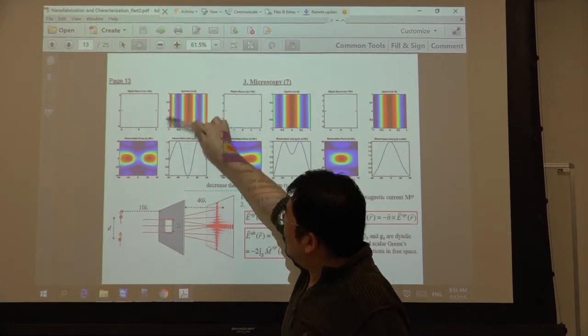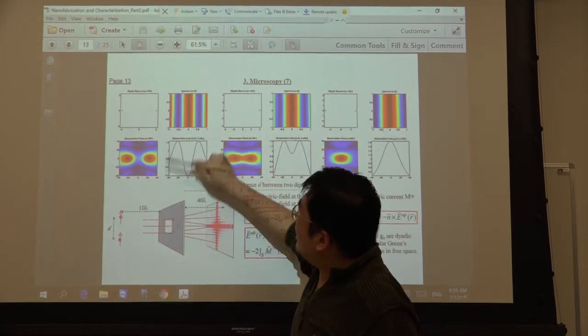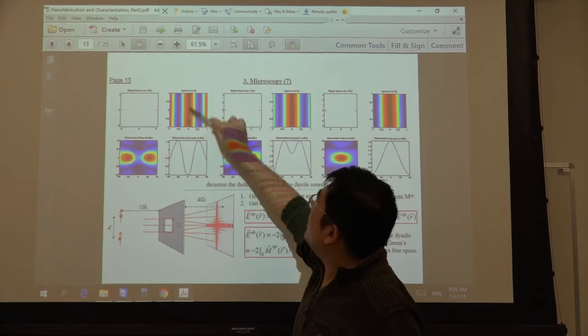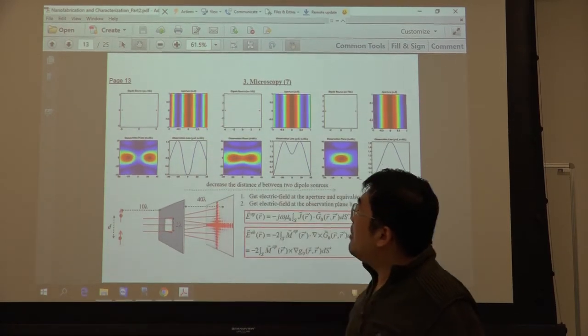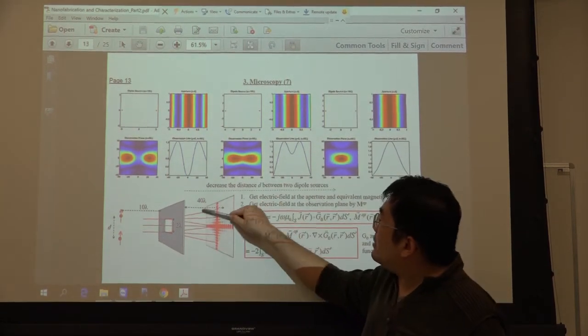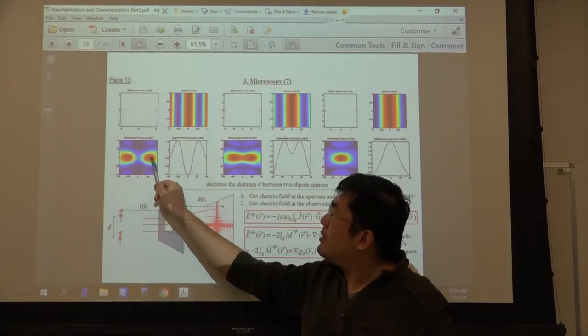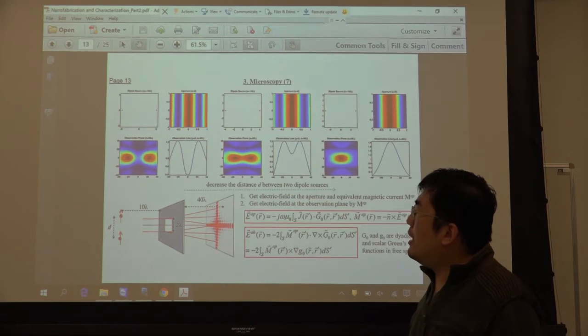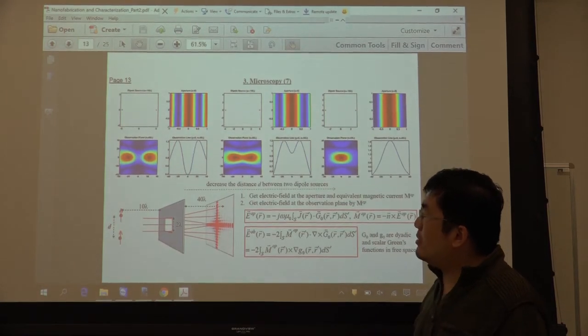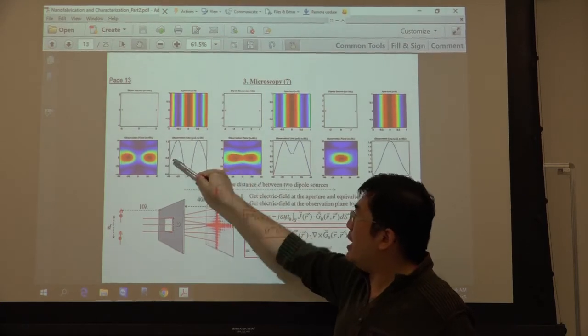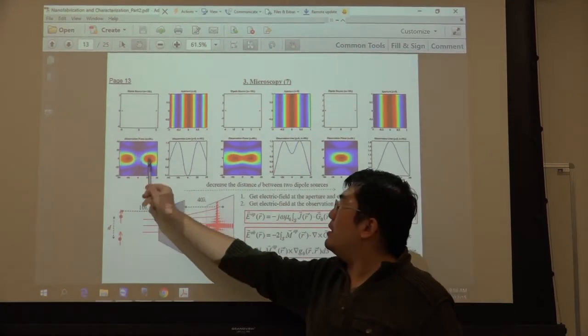You can see the field at the aperture, but at this observation plane you can resolve the two-point source very well. But you can see the two-point source is not an ideal delta function, but has a little bit of spread. This is the intensity here.